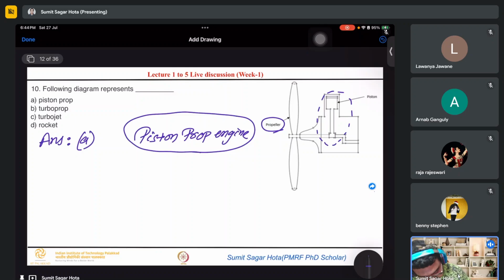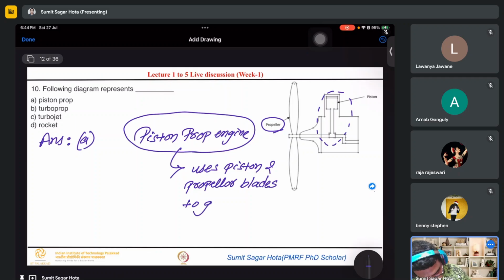So what exactly do these piston prop engines do? It uses piston and propeller blades to generate useful work and thrust, due to which the aircraft can go forward.